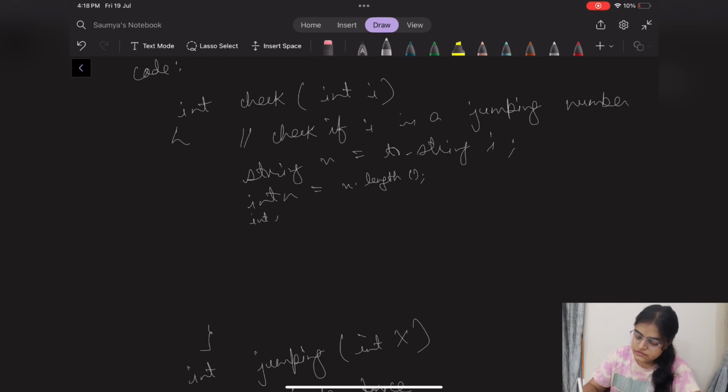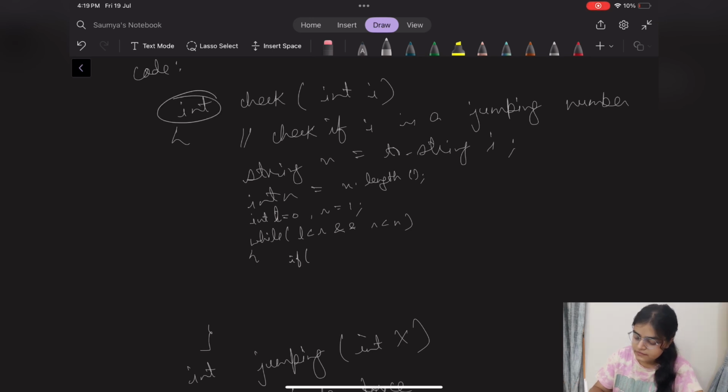Int l equals 0, let's take it l, sorry, and r equals 1, while l is less than r, and one more condition we are leaving, and r is less than n. Then what we have to do is check adjacent digits if the difference is 1. If not, then we just return 0 or false, whatever.